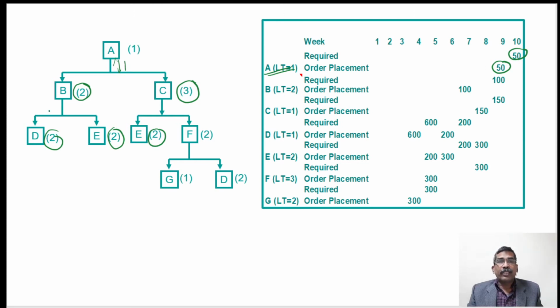And then for B, how much time is required? For B, this must be completed in the 9th week. C must be completed in the 9th week. So see how much B is required for one component of A. Two components of B are required for one piece of A. So a total of 100 pieces of B are required for 50 pieces of A. So this is the reason that here it is written as 100 pieces of B required in the 9th week, and the lead time of B is given as 2 weeks.